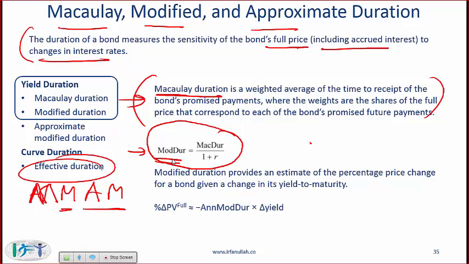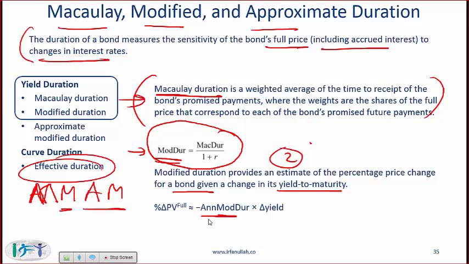Then modified duration is Macaulay duration over 1 plus R. Modified duration provides an estimate of the percentage price change for a bond given its yield to maturity. So at a given yield to maturity, if the modified duration is 2, then that is telling us that if there is a 1% change in yield, then there will be a 2% change in the price of the bond.